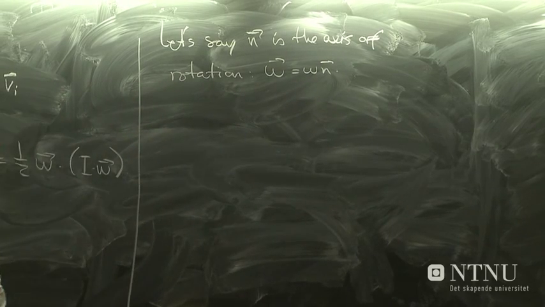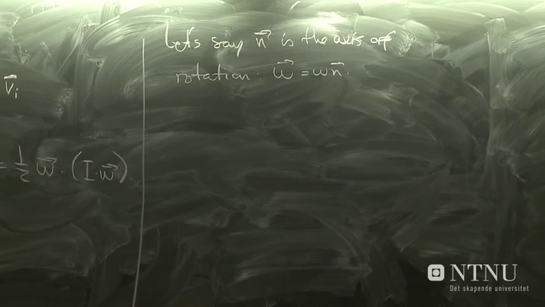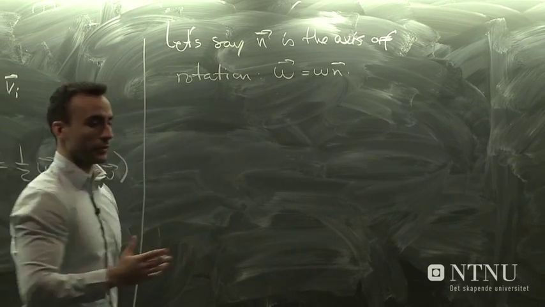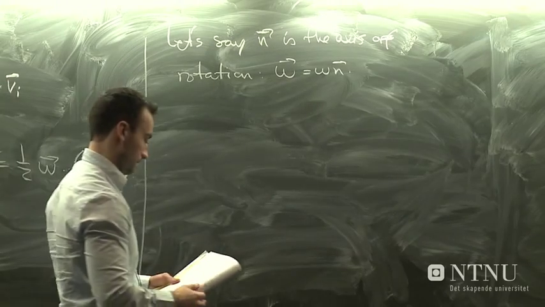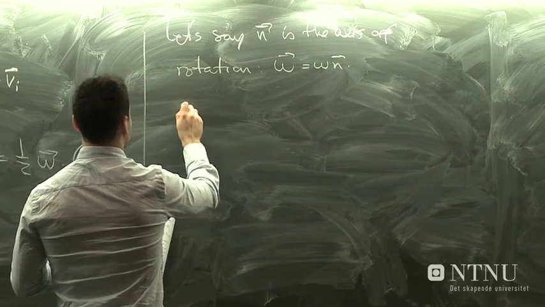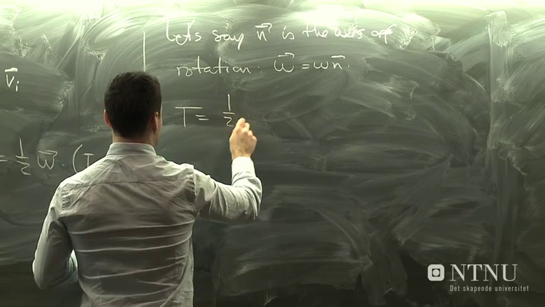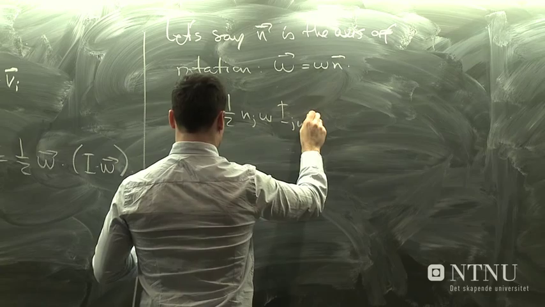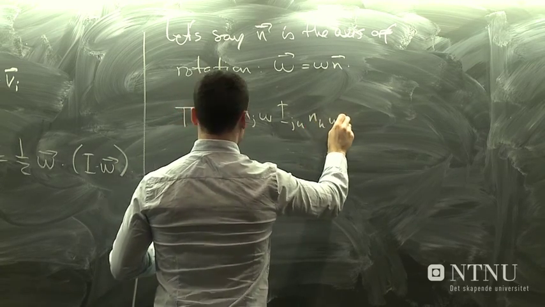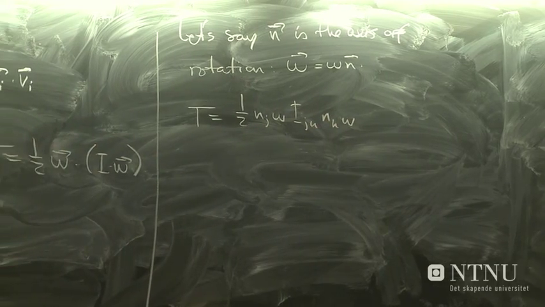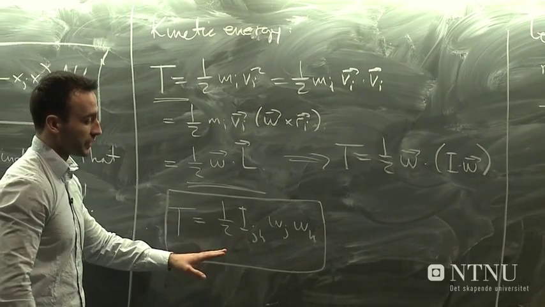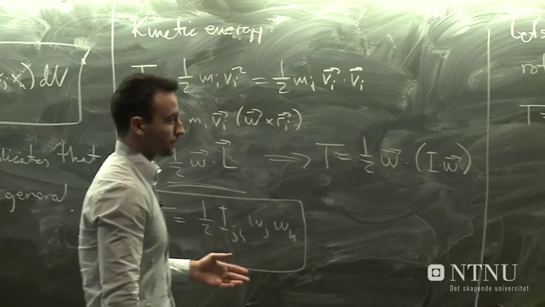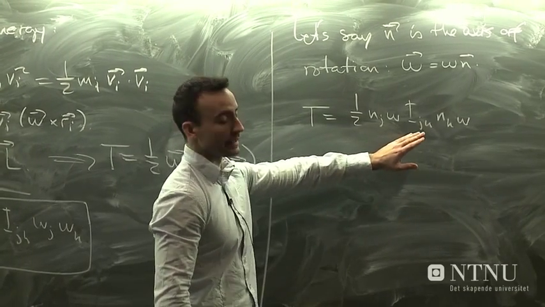So let's say n is the vector which gives us the axis of rotation, so that the angular velocity vector is given as the magnitude of it multiplied with n. By inserting this into the following equation and using that these are just scalars now, so they commute, we can write the kinetic energy in the following way.